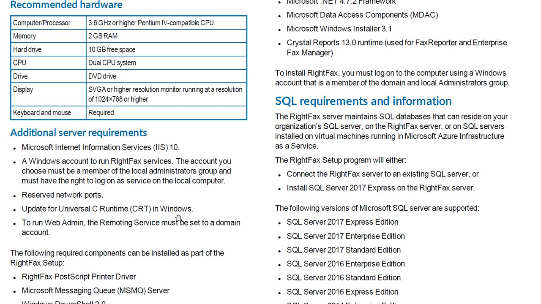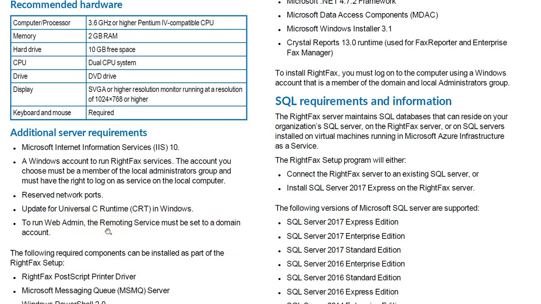Okay, administrative rights to log into RightFax server and install a couple of things. And that should also be a member of your local administrator group. Okay, and reserved network port, and update for universal C runtime CRT in Windows to run web admin and remote service must be set to domain account.